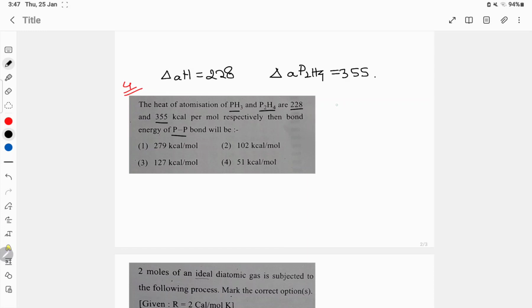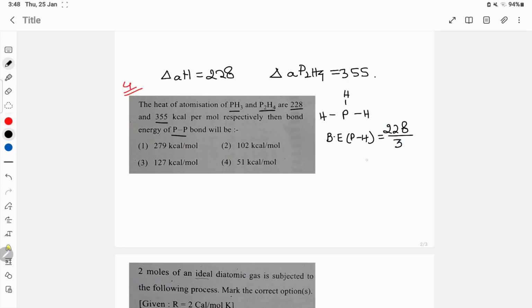Students, here in PH3 there are 3 P-H bonds. So the bond energy of the P-H bond will be given by 228 divided by 3.